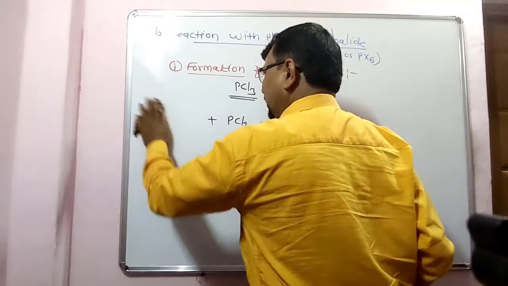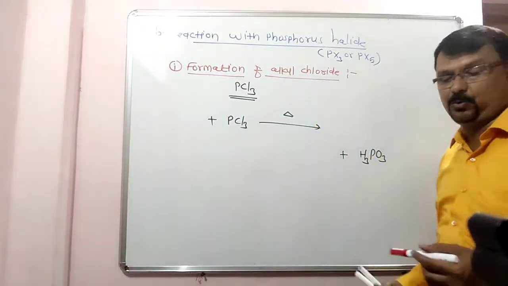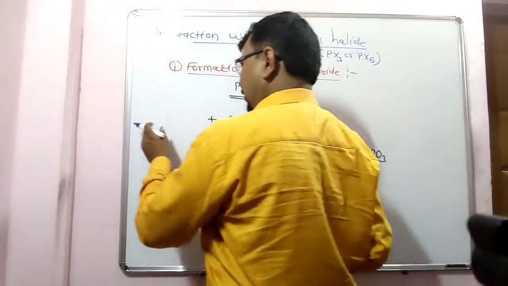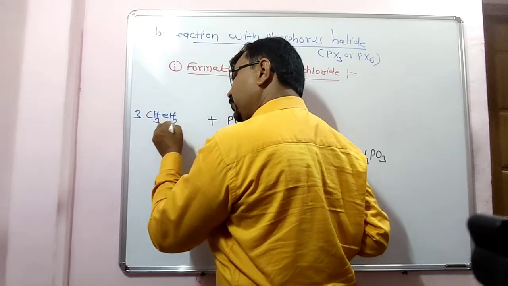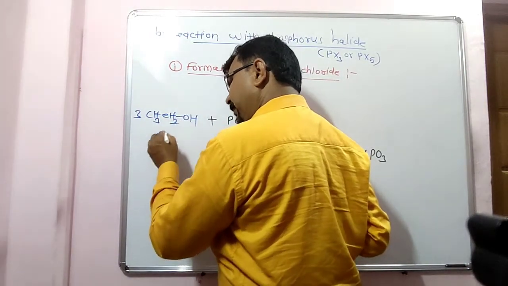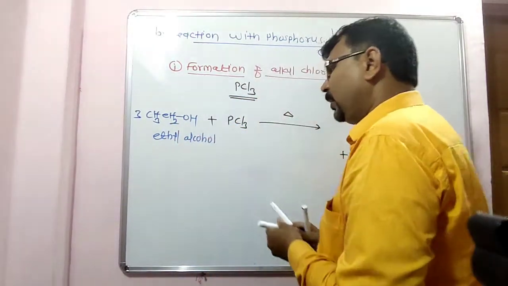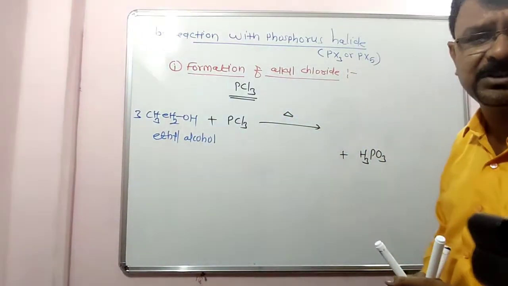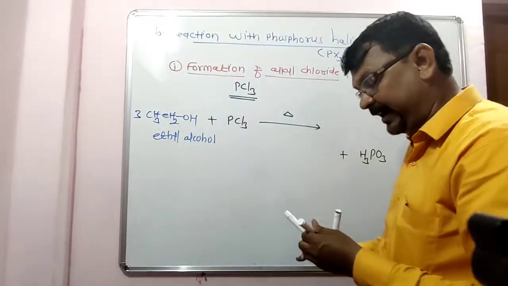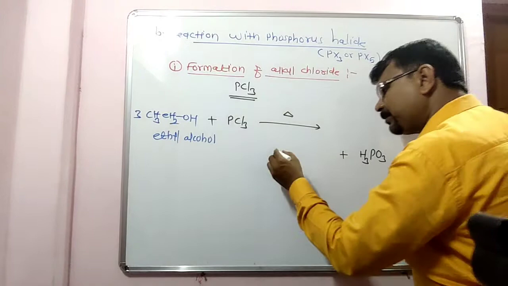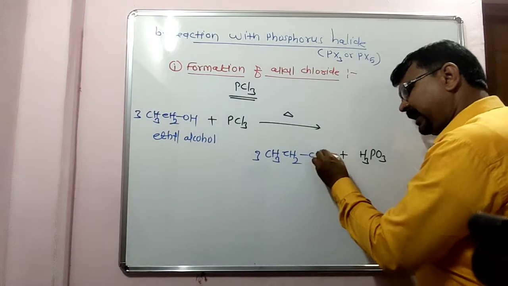What is the action of phosphorus trichloride on ethyl alcohol? CH3CH2OH. Name of the compound? Ethyl alcohol. When ethyl alcohol is heated with phosphorus trichloride, it gives the product CH3CH2Cl.